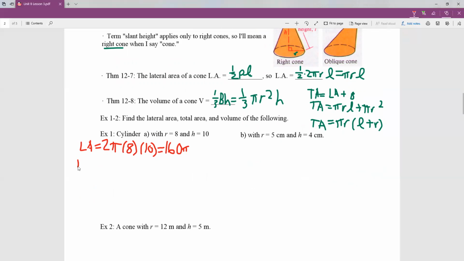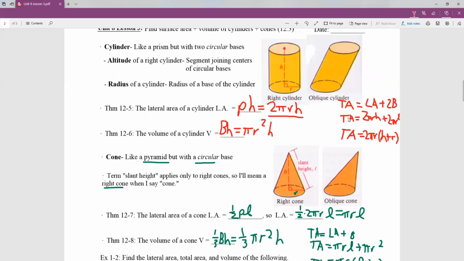Great. The total area is going to be equal to the lateral area plus 2 times the base. So lateral area, we just found out 160 pi. We have to add 2 times the base. In this case, the base we know here is pi r squared.